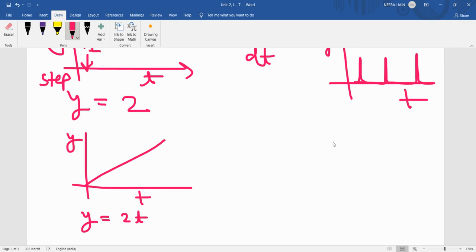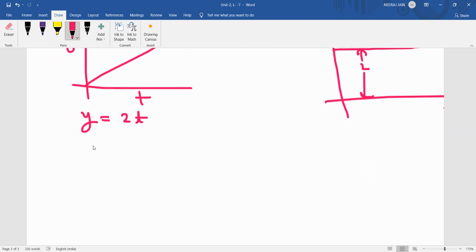Then we will get the output that will be like the step input, a constant output.